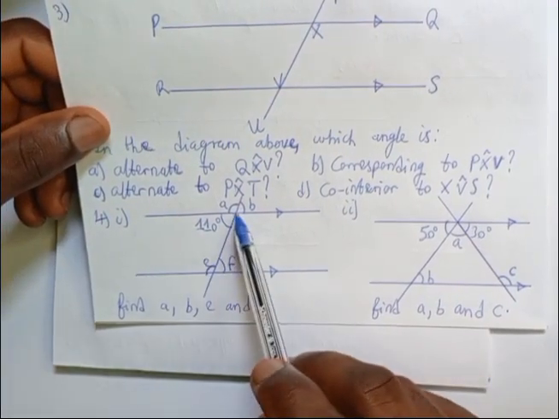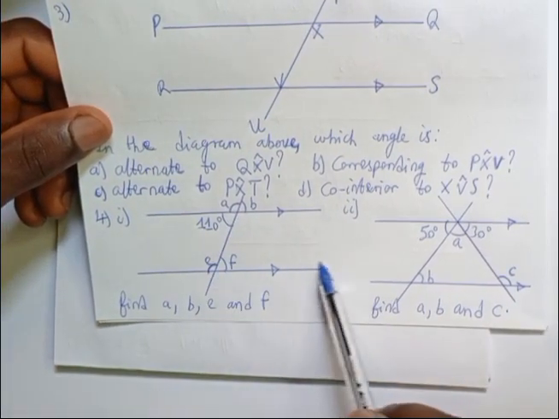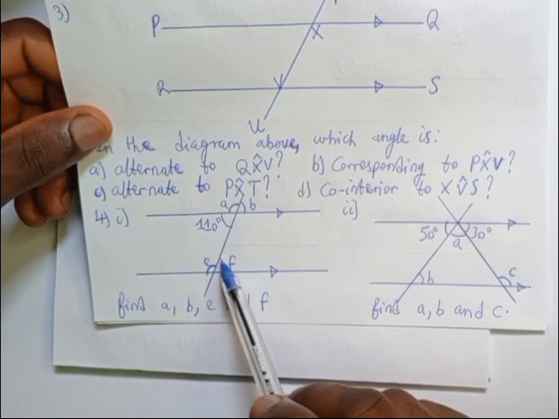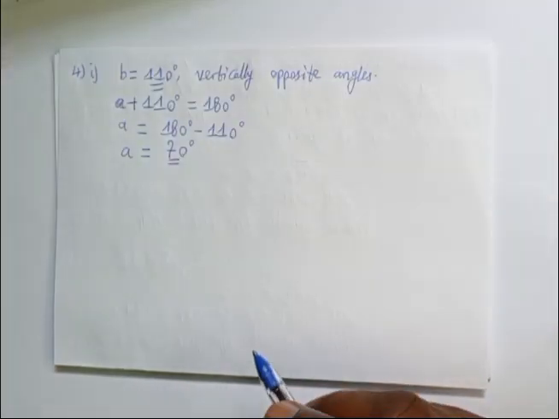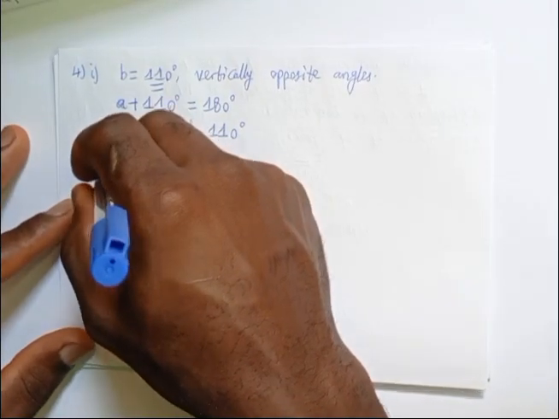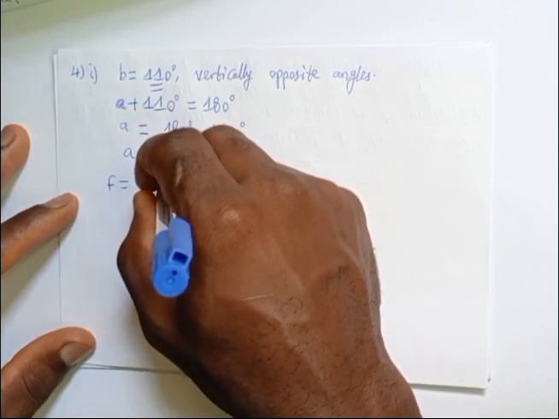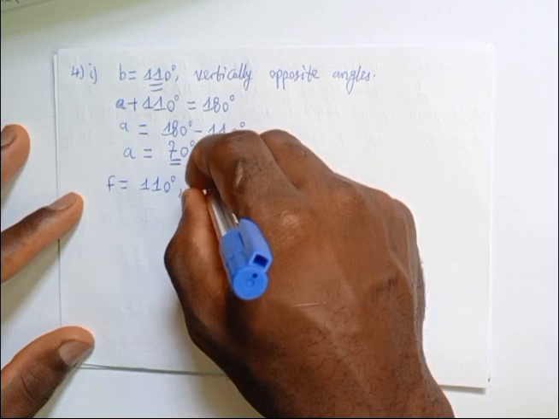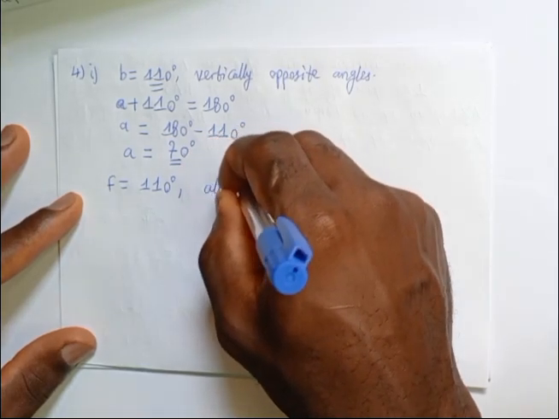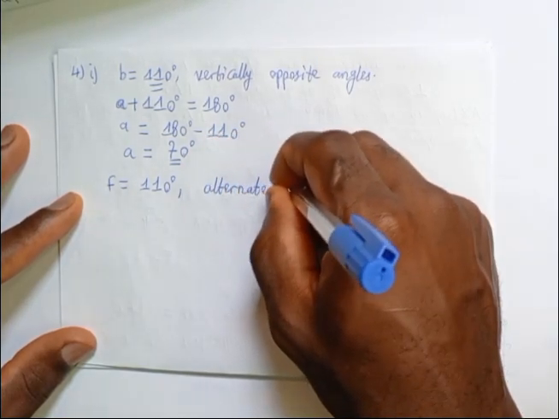Next, we have to find the angle F. You'll see that the angle 110 degrees and the angle F, they are alternate. This will give us F to be equal to 110 degrees, alternate angles.